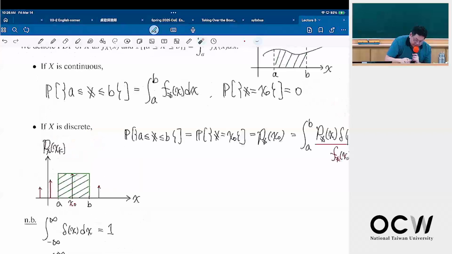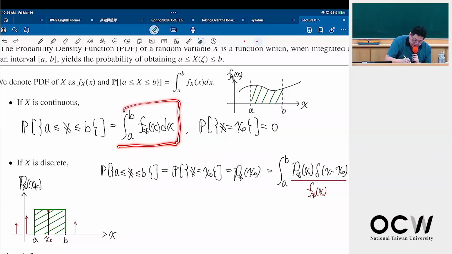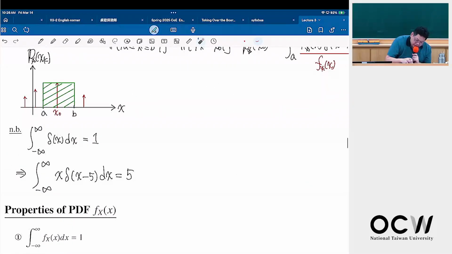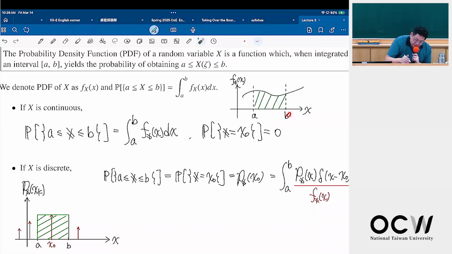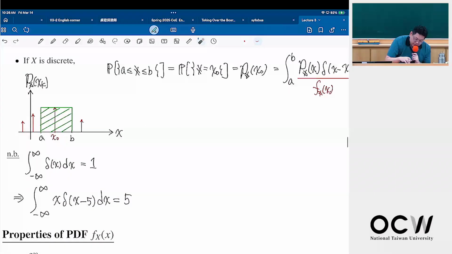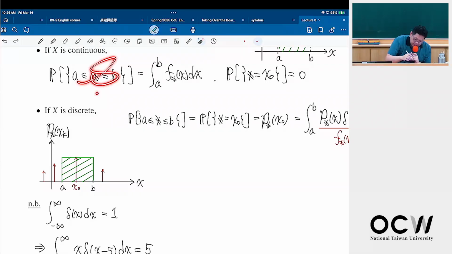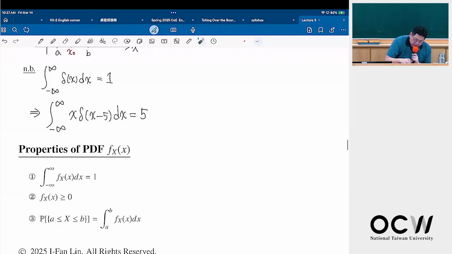When I take the integration, it will be a probability. So this value definitely cannot be greater than 1, because it is a probability and you only consider A to B. But if you consider everything, from the probability axiom it should be 1. You consider all possible probabilities together, like this becomes the sample space. Then the probability should be 1.